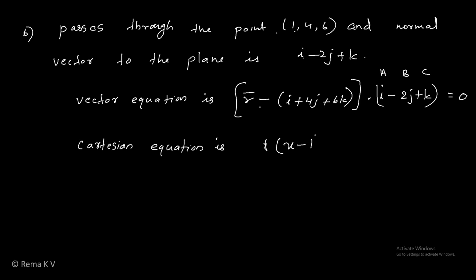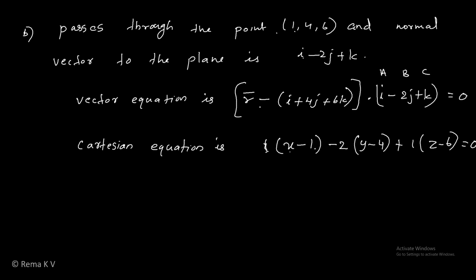So x minus 1, then minus 2 is the direction ratio here, 1, minus 2, 1. So minus 2 into y minus 4, then plus 1 into z minus 6 equal to 0.